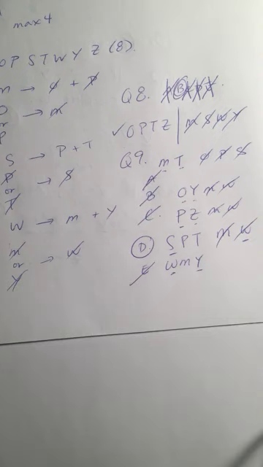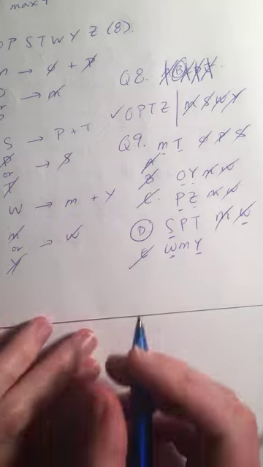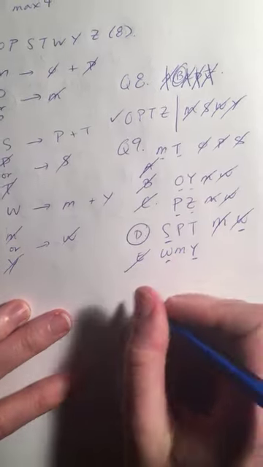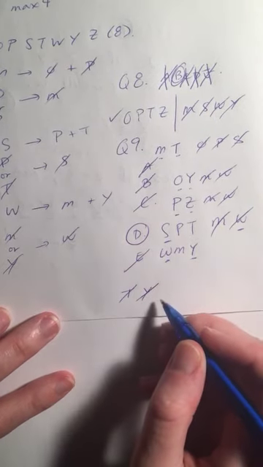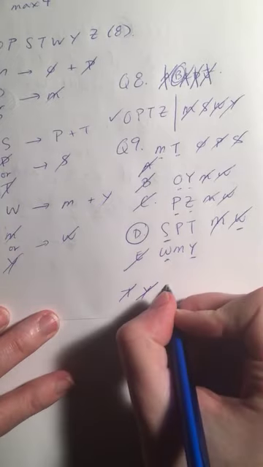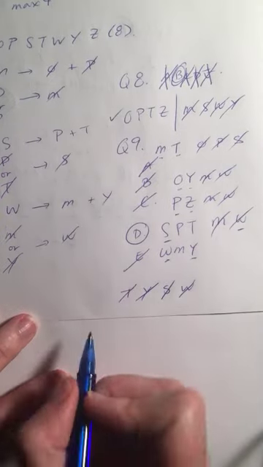Okay, so what about T and Y? If T and Y are out, then S would be out as well, and W would be out as well. So let's flesh this out. We have T out, we have Y out, and because T is out, S is also out, and because Y is out, W is also out. So everybody else has to be in.